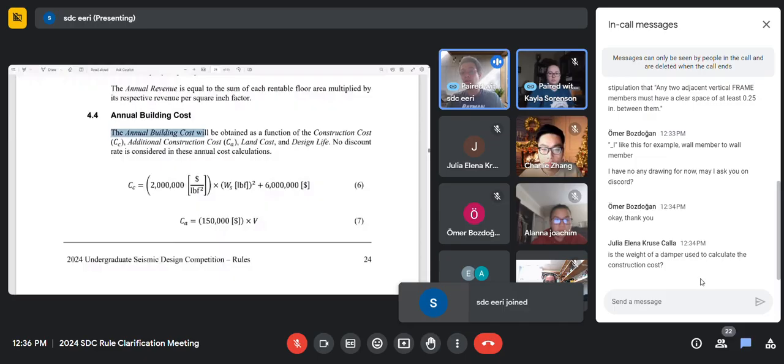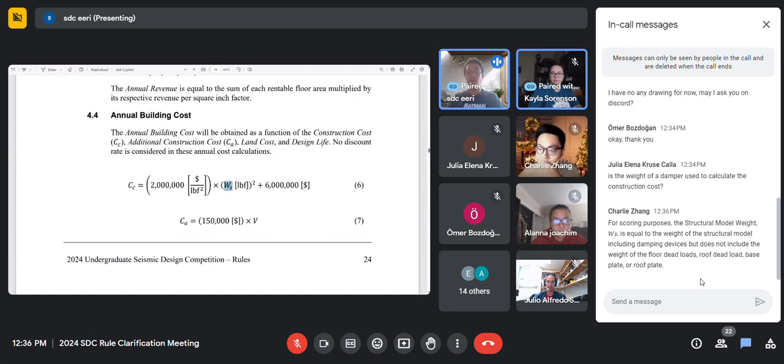The annual building cost will be obtained as a function of this construction cost, C sub C, and C sub C includes the weight of the building. This is the weight of the building that you get during testing, which means if your dampers are attached, we will weigh this on site, so that would definitely be included.